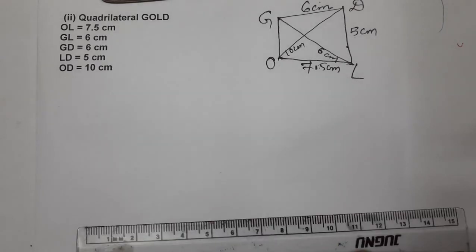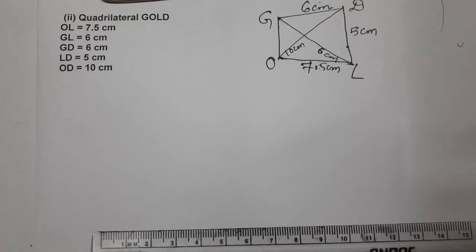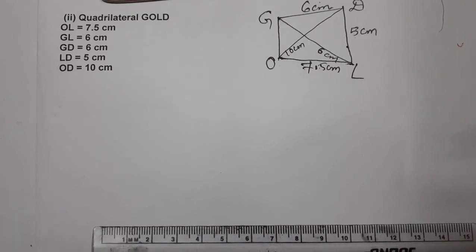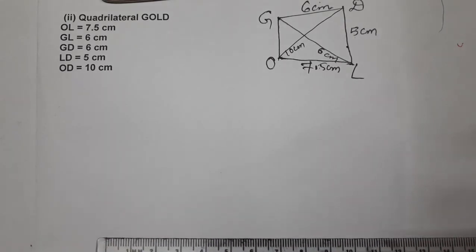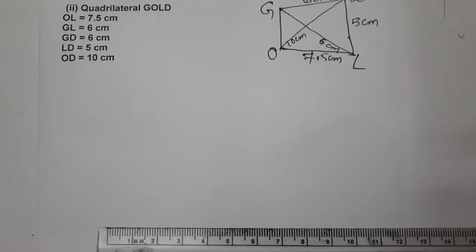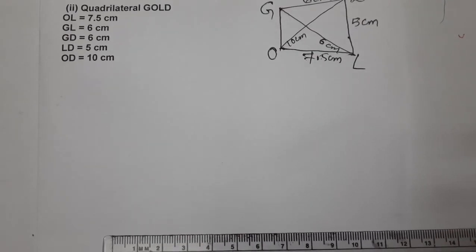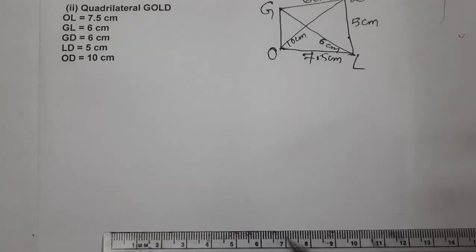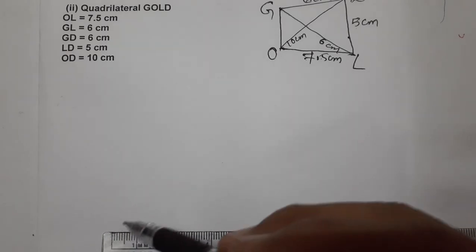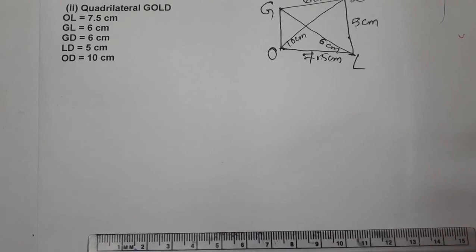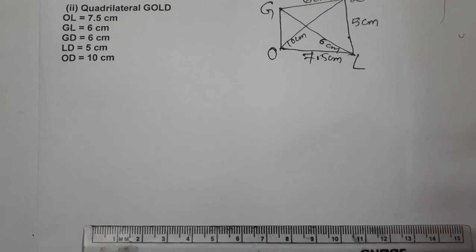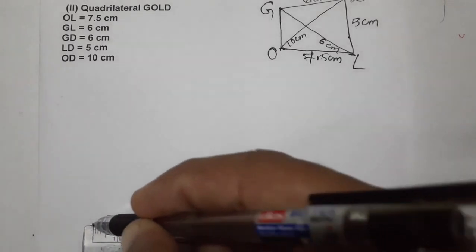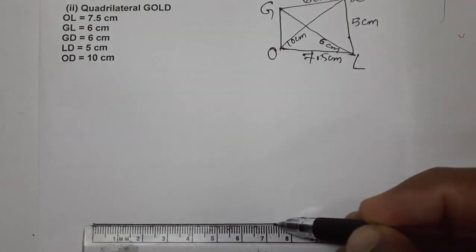Take the ruler, measure 7.5. So I am taking the 7.5 measurement. This is 7.5.